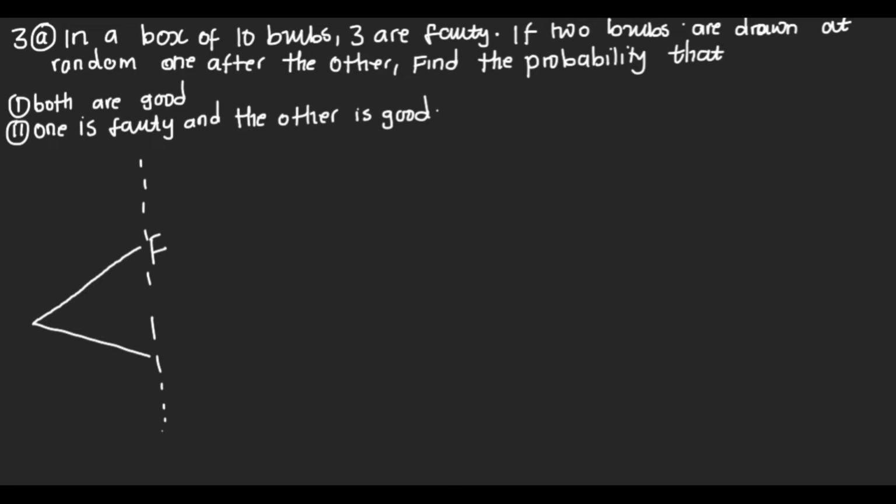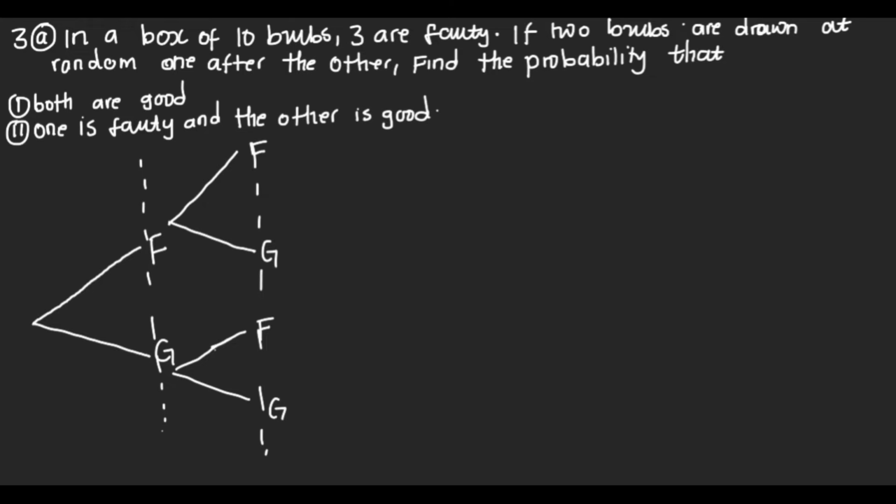Say F for faulty, G for good. Since 2 were drawn, we need to have a second pick here. So this will be our second pick. So we have F, G, F, G.